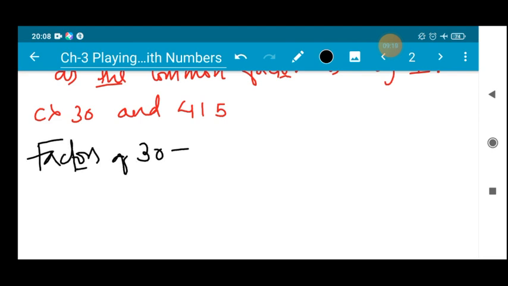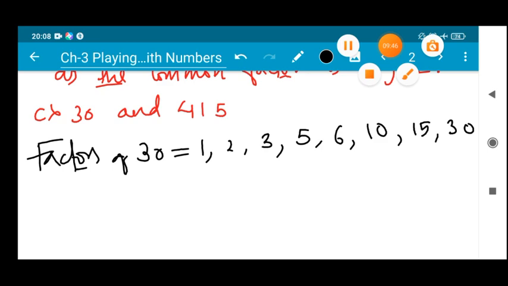The factors of 30 are 1, then 2 fifteens are 30, 3 tens are 30, 5 sixes are 30, then 10 threes are 30, 15 twos are 30, and then 30.